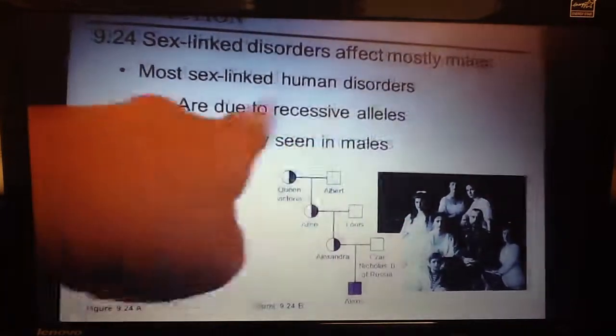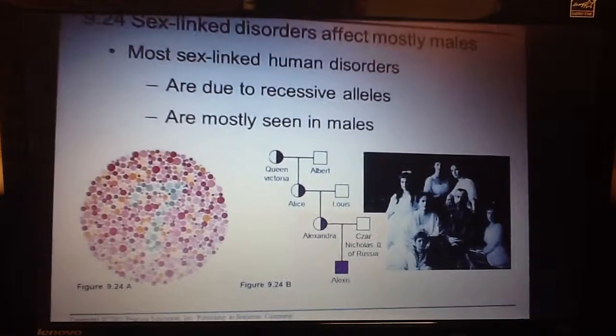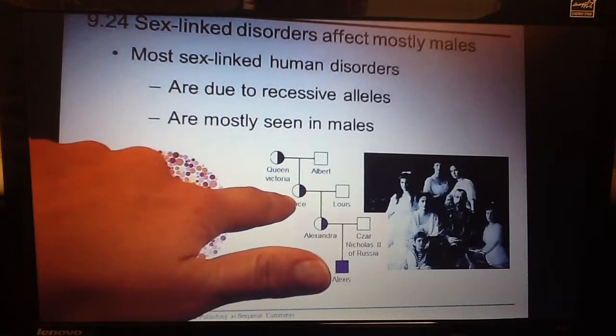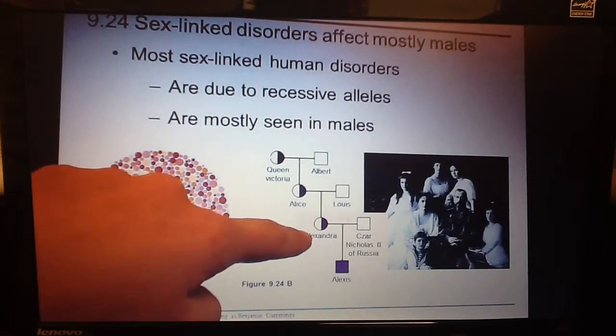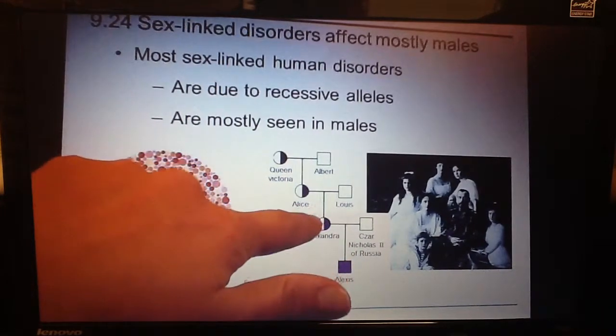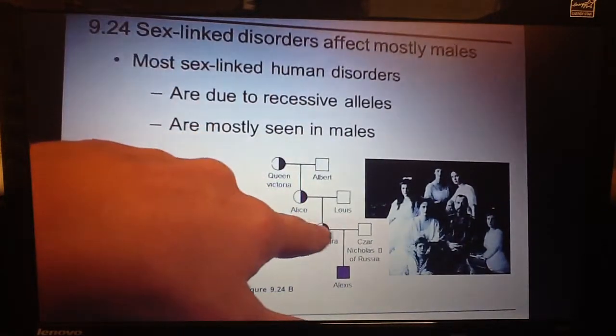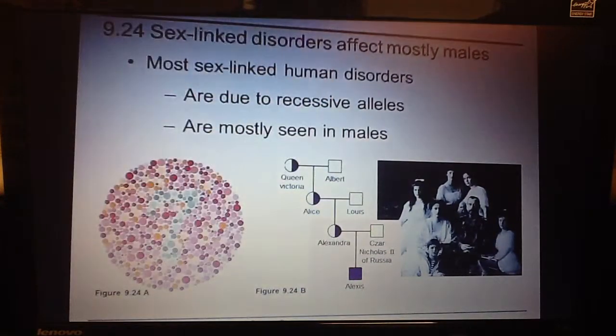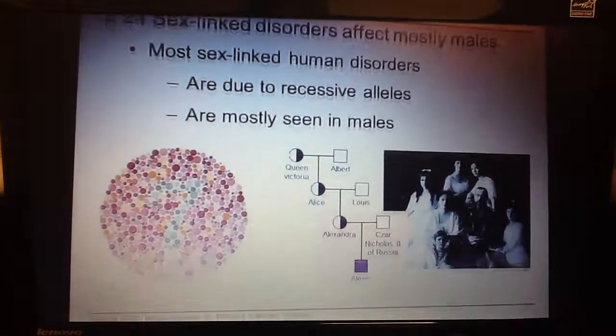One of the best examples is hemophilia. Queen Victoria was a carrier. She produced Alice, who was a carrier, and who produced Alexandra, who was a carrier. All three females were normal, but they carried the recessive allele. When Alexandra produced her offspring, Alexis had hemophilia, because both of them donated the trait.